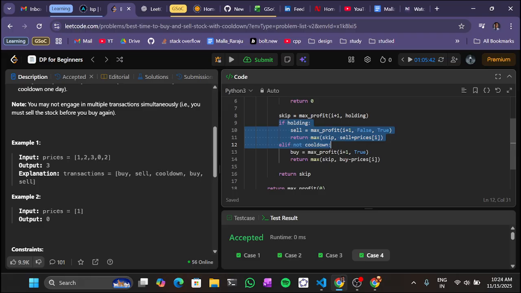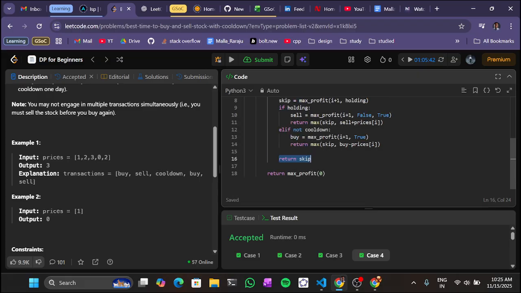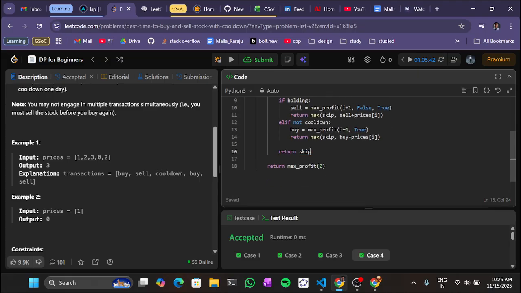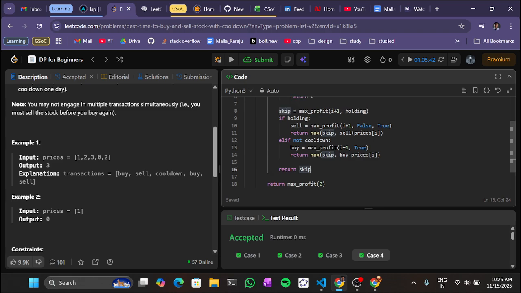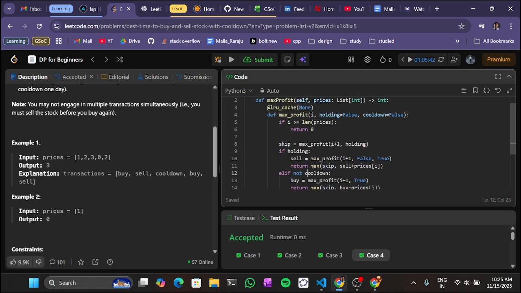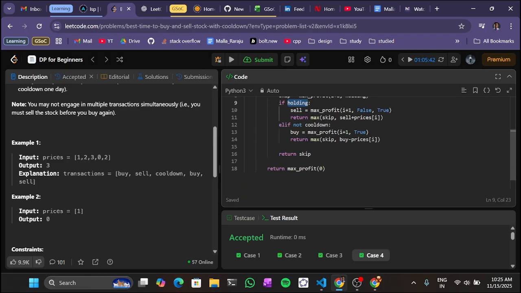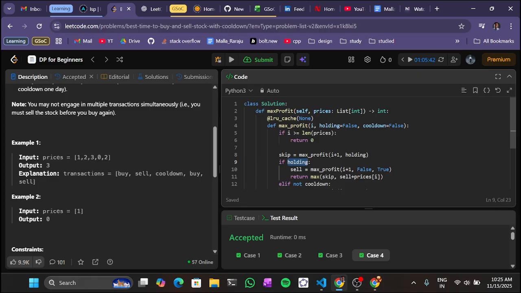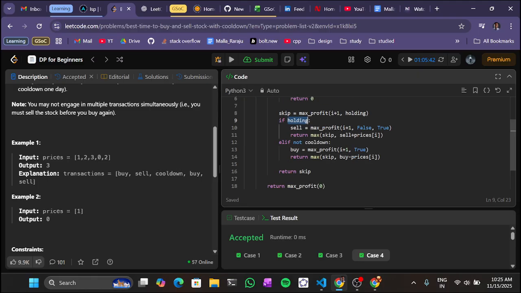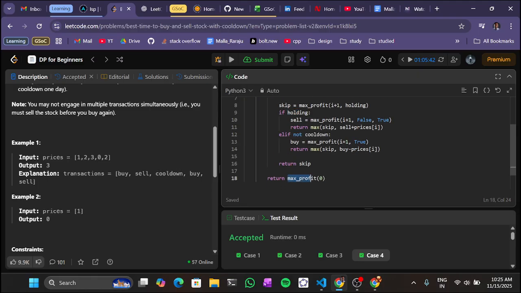So we are returning, only skip is also an option, so we are skipping it entirely if it has a cooldown period and I'm not holding anything, and it will calculate all possible iterations and return the maximum profit we can achieve.